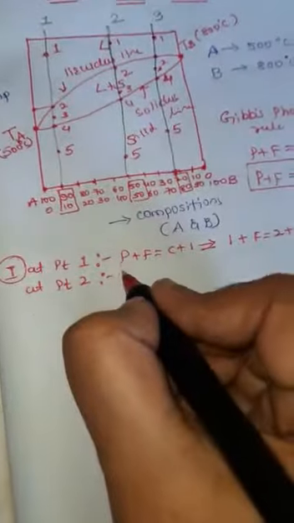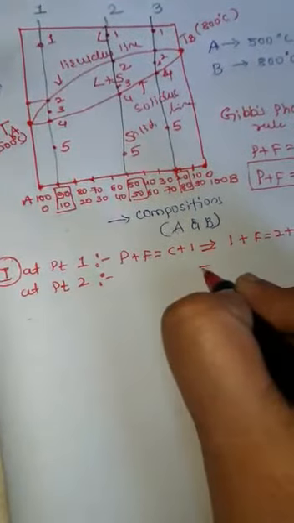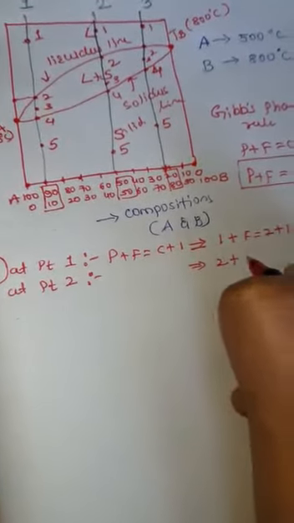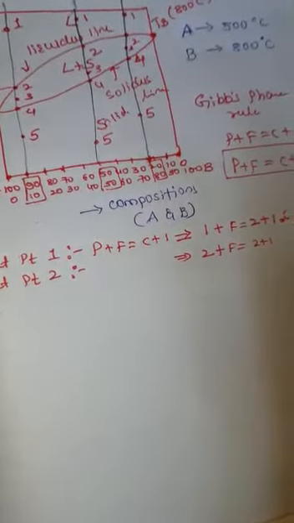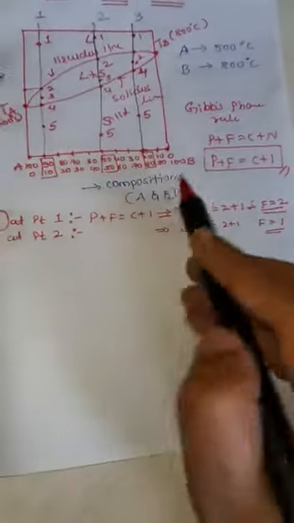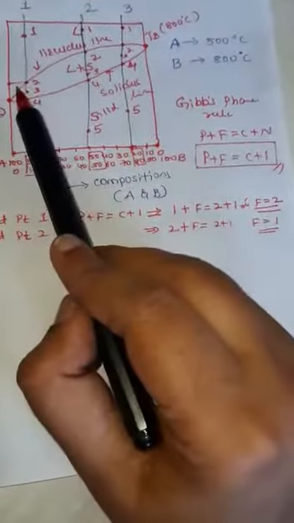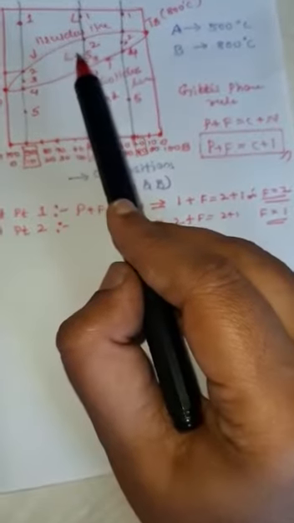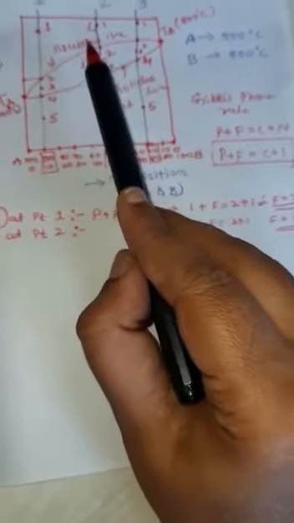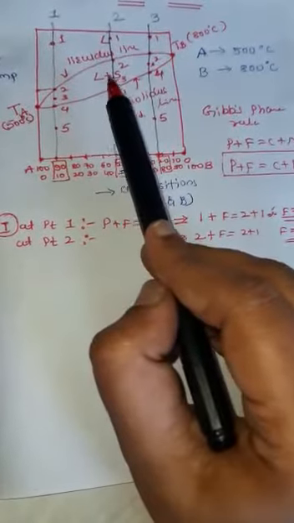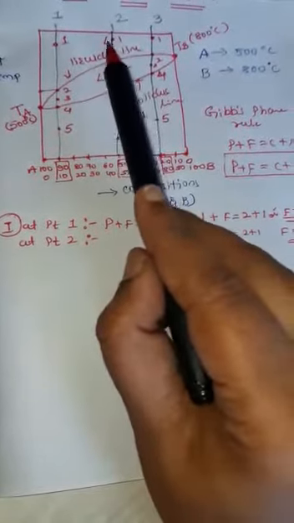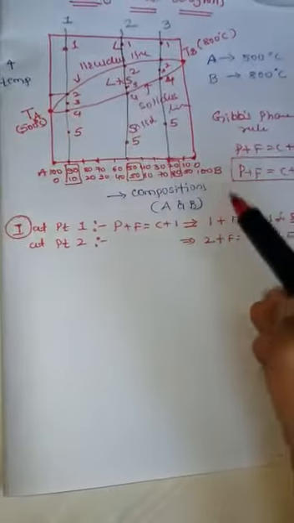So P is equal to 2, and 2 plus F is equal to 2 plus 1. Therefore F is equal to 1. Why is P equal to 2? Because this point is common for liquid plus solid, and liquid is already there, so both liquid and solid are present.